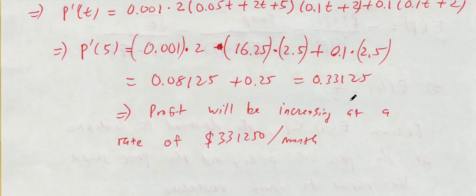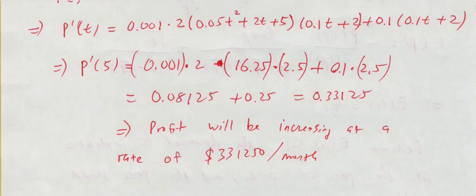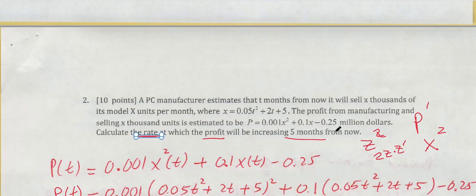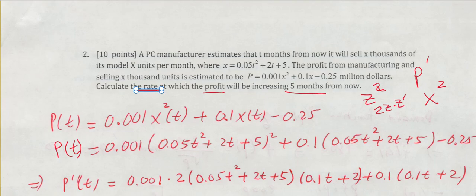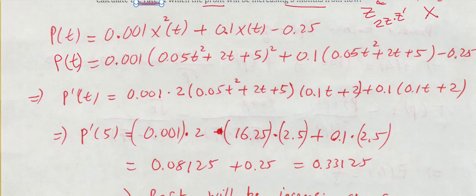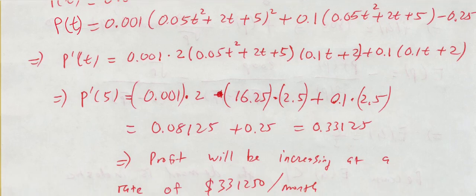However, the units for the profits is in millions of dollars. Let's go back here. This is millions of dollars for profits. So millions means the power 10 to the 6th.